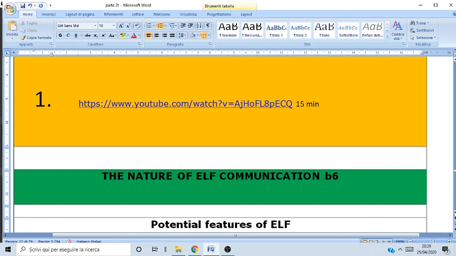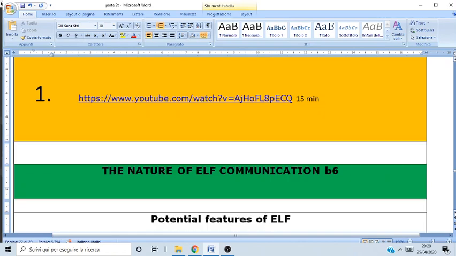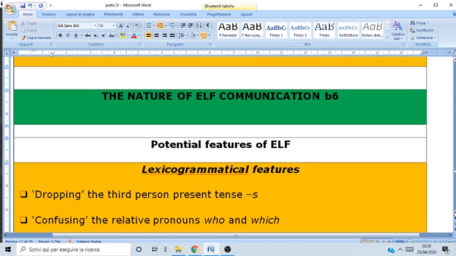Now we'll get into this other section, B6, that is about ELF, English as a lingua franca. And we're going to look at some general features of English as a lingua franca and what happens when it is used in such contexts.